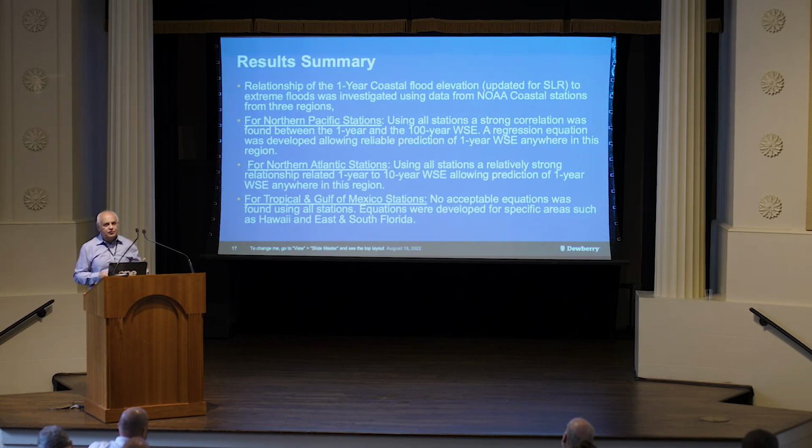And the conclusion for each region was a little bit different. For Northern Pacific stations, using all stations, a strong correlation was found between the 1-year and 100-year water surface elevation. A regression equation was developed allowing reliable prediction of the 1-year water surface elevation anywhere in this region.